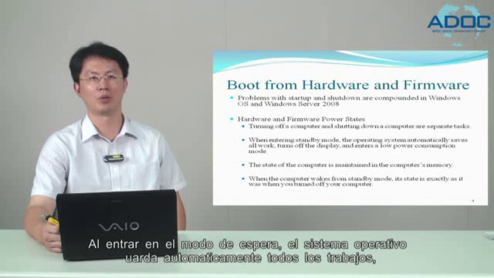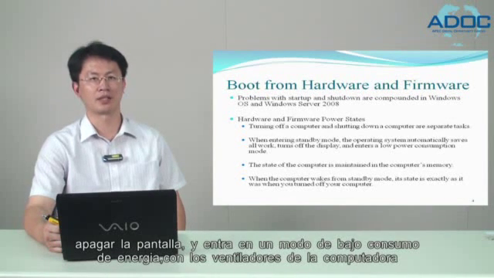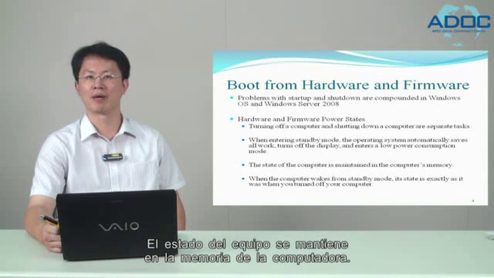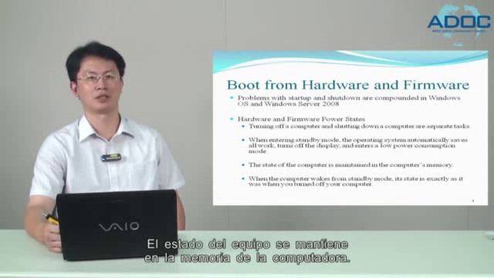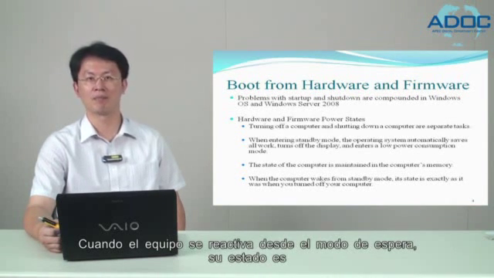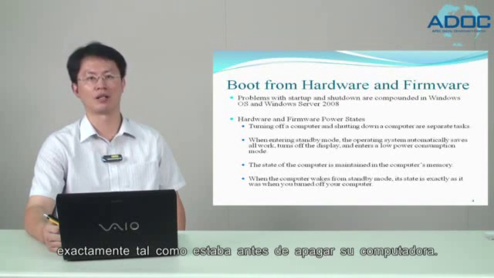When entering standby mode, the operating system automatically saves all work, turns off the display, and enters a low power consumption mode with the computer's fans and hard disk stopped. The state of the computer is maintained in the computer's memory. When the computer wakes up from standby mode, its state is exactly as it was when you turned it off.